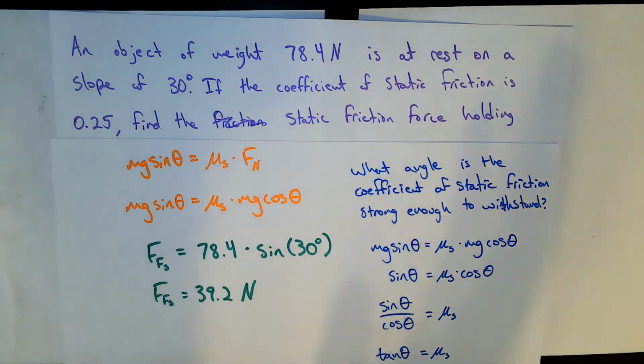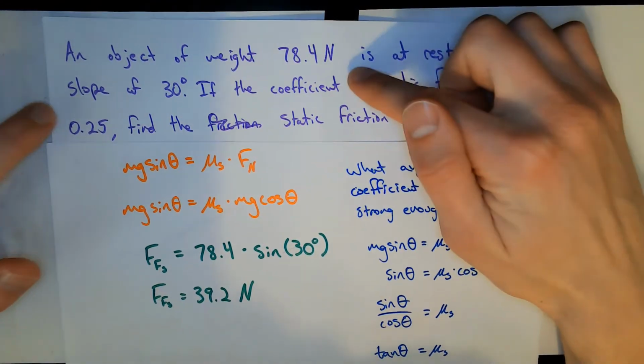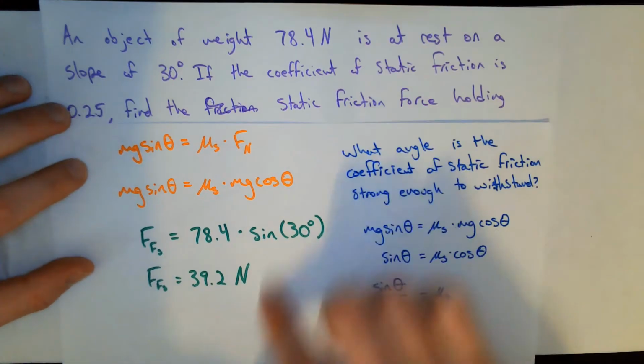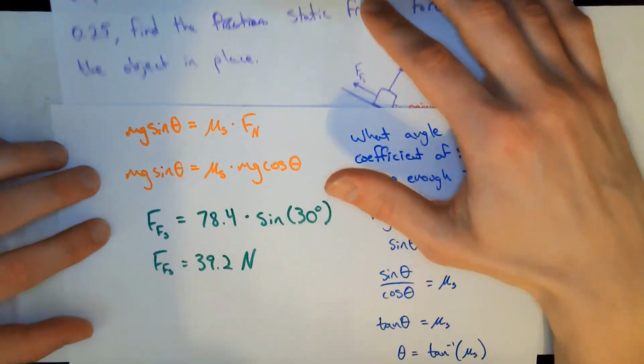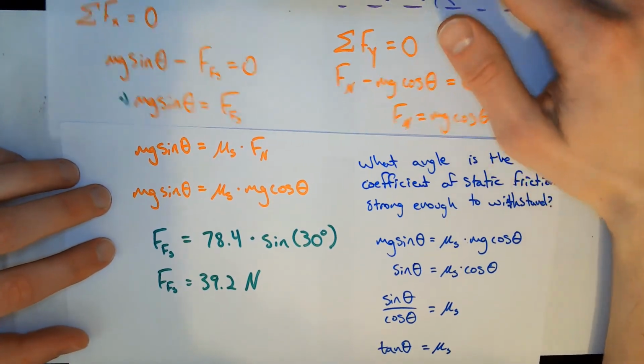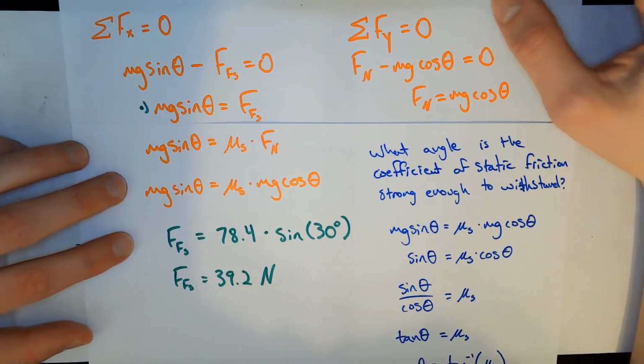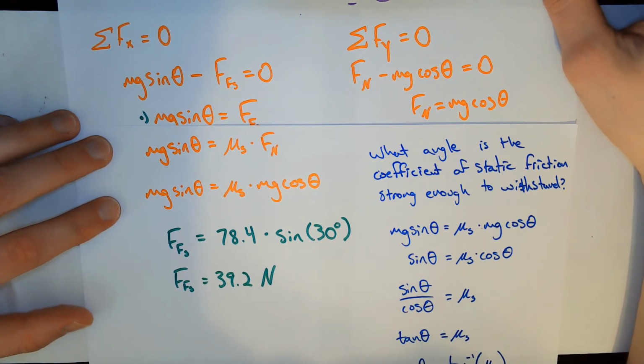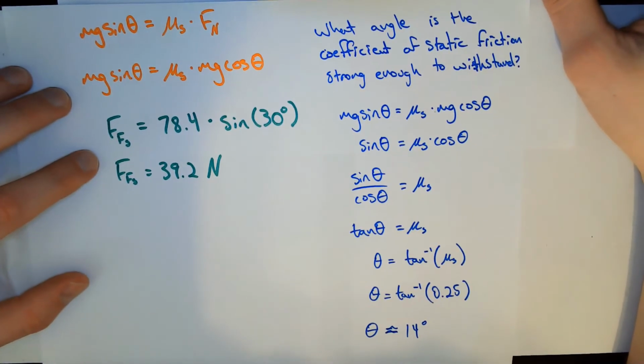What this means is, in real life, this object would not stay still, but it doesn't change how we solved it or anything. That's still okay. I probably should have had some foresight and thought that the coefficient of static friction was a bit too small. This, though, what I wrote in blue, is pretty realistic.